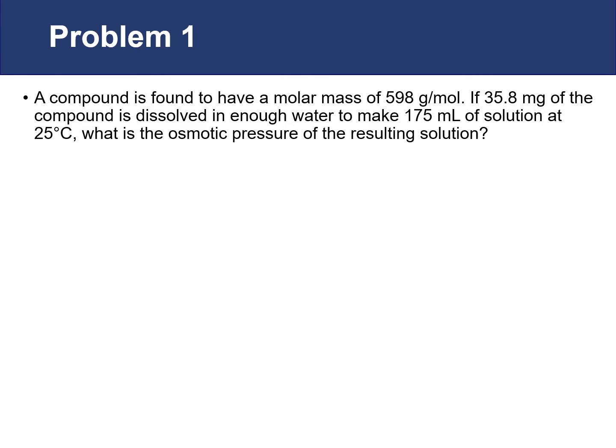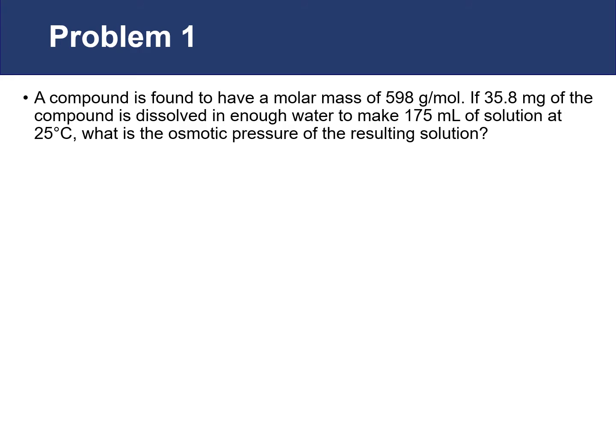So a compound is found to have a molar mass of 598 grams per mole. If 35.8 milligrams of the compound is dissolved in enough water to make 175 milliliters of solution at 25 degrees Celsius, what is the osmotic pressure of the resulting solution?